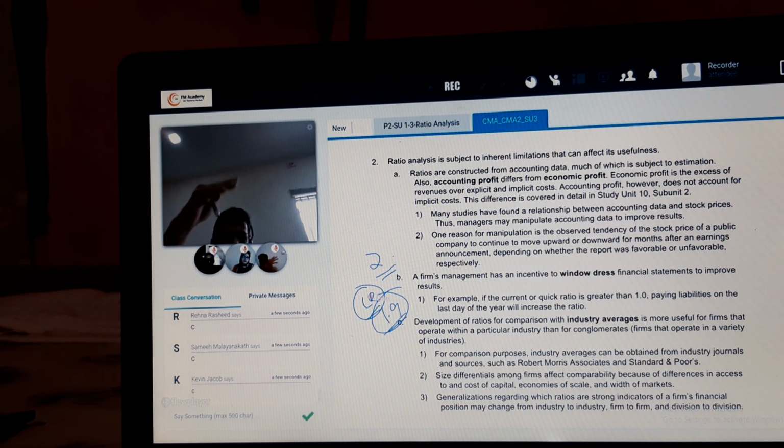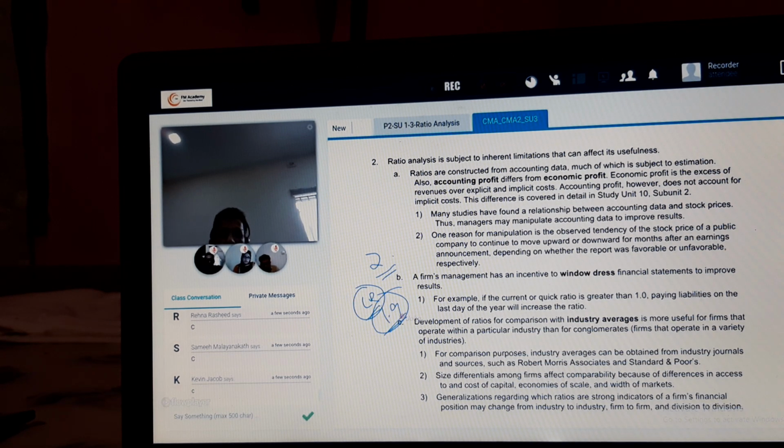The same number coming out of the numerator and denominator will increase this ratio, because the ratio is already 1.9, greater than 1, so you can window dress that. So just like you window dress the financial statement, you can window dress the ratios also and adhere to the stipulations by the lender. You should be careful about that, right?